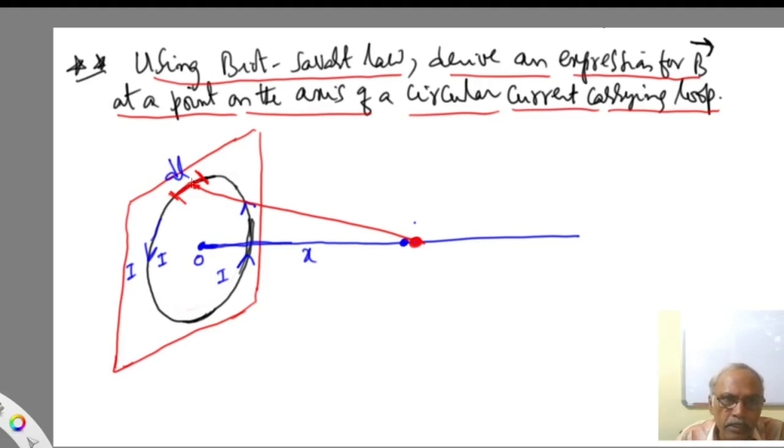Now this dl element, current is going like this.